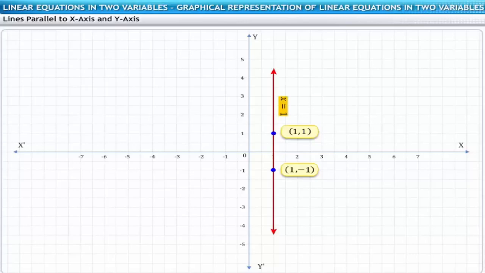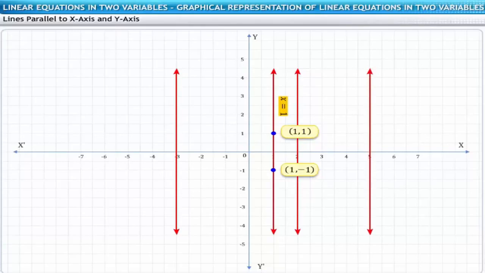Similarly, we can draw other lines that are parallel to the y-axis. The equations of these lines can be given by x equals 2, x equals -3, and x equals 5.